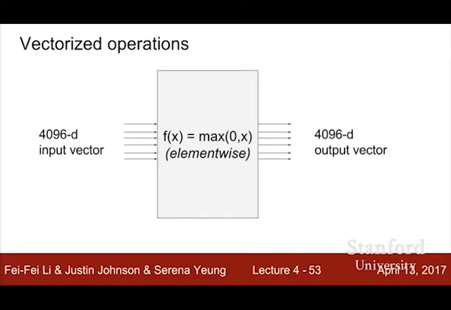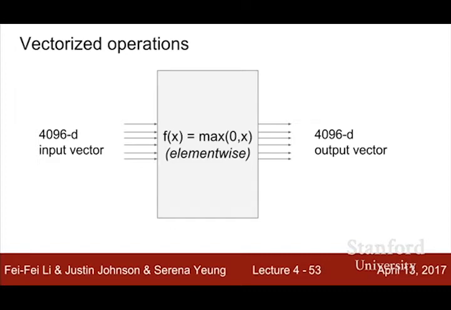So to give an example of something where this is happening, let's say our input is now a vector. Let's say we have a 4096-dimensional input vector, which is a common size that you might see in convolutional neural networks later on. And our node is going to be an element-wise maximum, so we have f of x equal to the maximum of x compared with 0 element-wise.